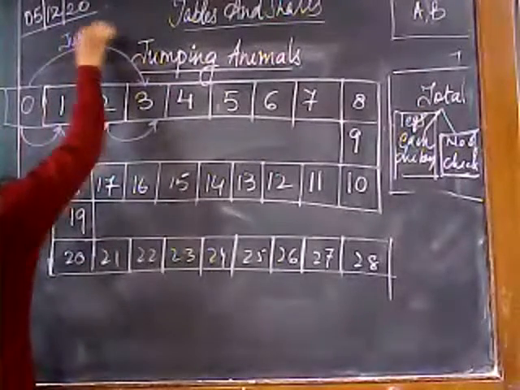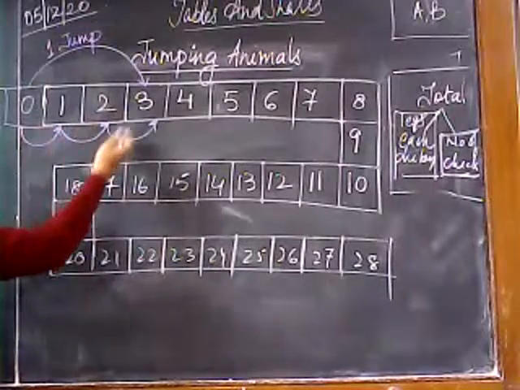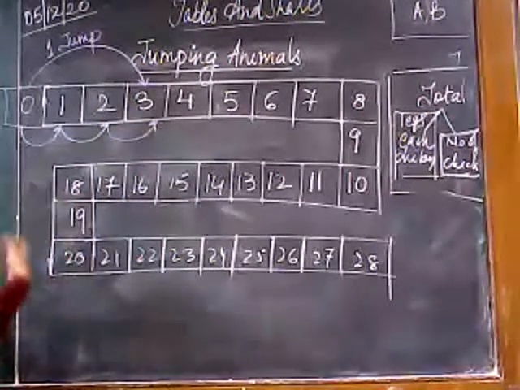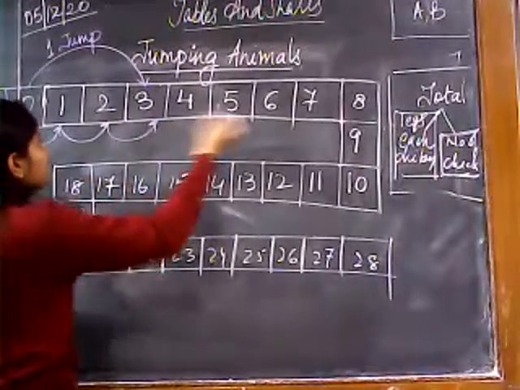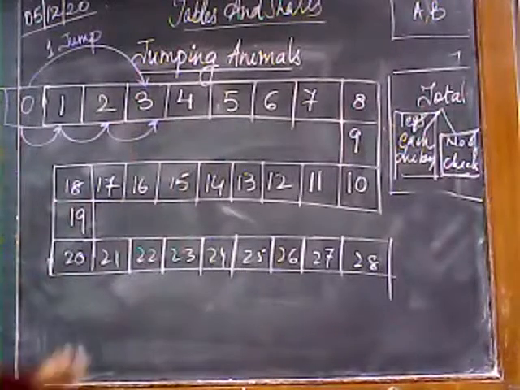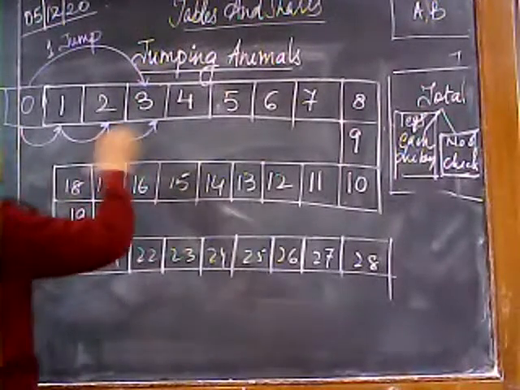Had she been a little younger, she would have taken 6 steps in one jump. But now she's very old, she's a granny cat, and she just takes 3 steps.